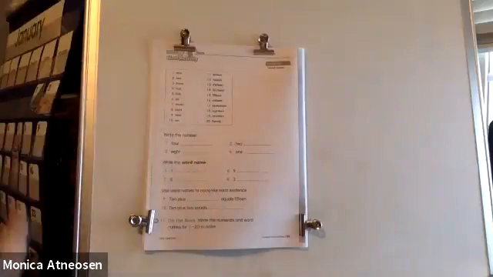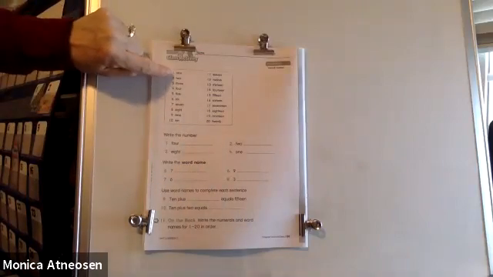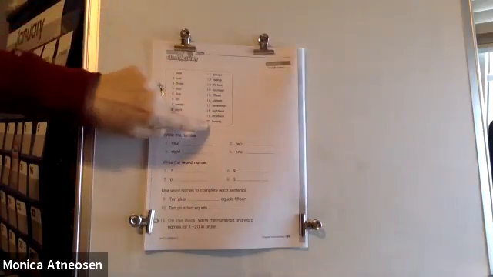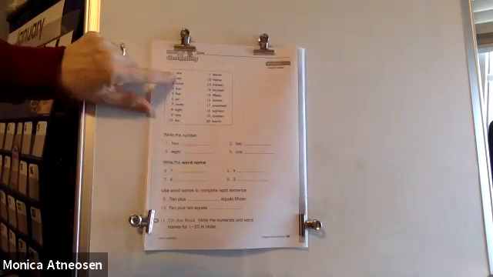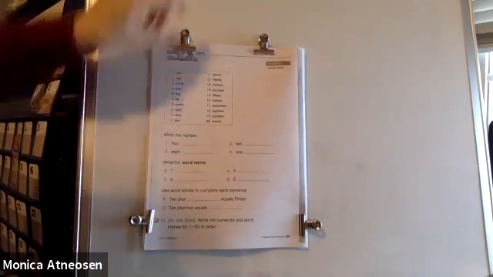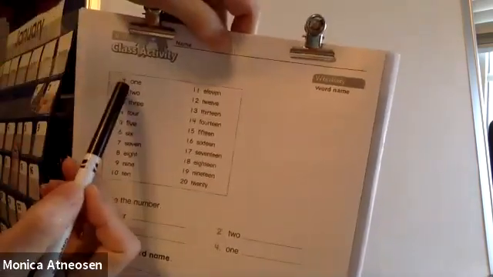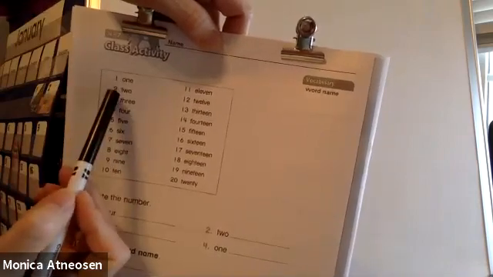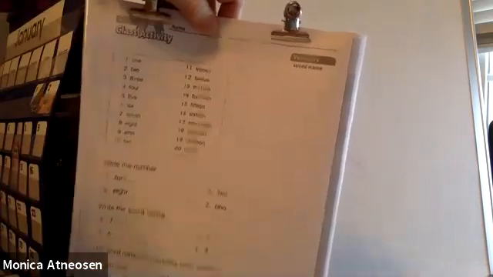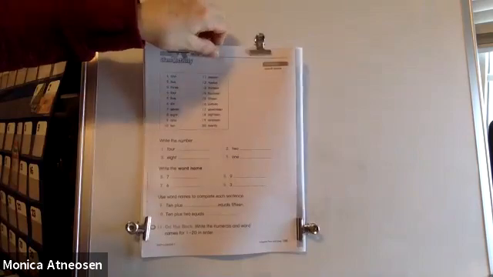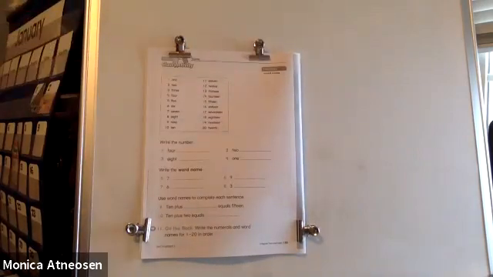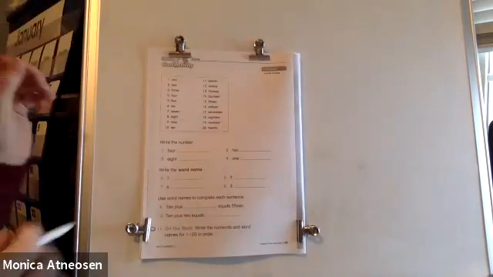So up here we have a box and it has our numbers 1, 2, 3, 4, 5, all the way up to 20. And next to it, it has how we spell the word. So if I move that nice and close for you, you can see we spell 1, O-N-E, 2, T-W-O. And you've been watching as I do that every morning with our morning meeting time.